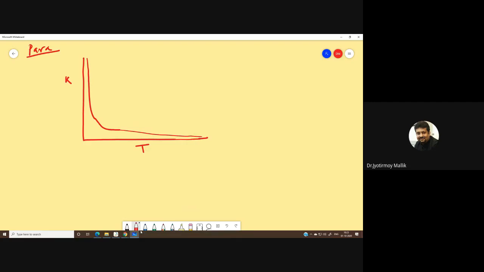In other words, I'm drawing 1 by K against the temperature expressed in Kelvin scale or absolute scale. So K to the power minus 1 is directly proportional to capital T.